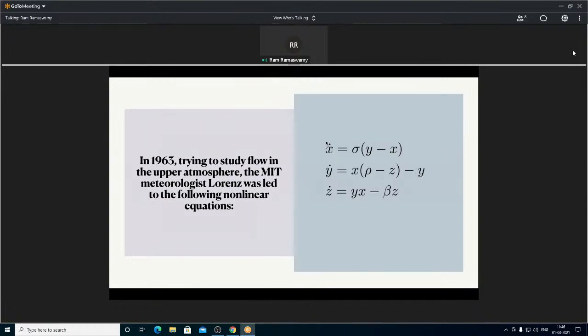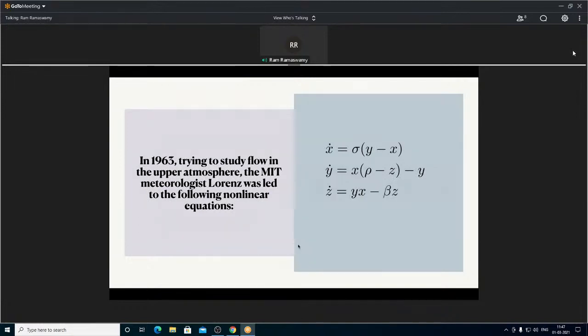The dot over here represents d by dt. So dx by dt was this quantity, dy by dt is this, and dz by dt is this. And you can notice that it's an almost linear system, except for this term over here and this term over here, which makes the system nonlinear.